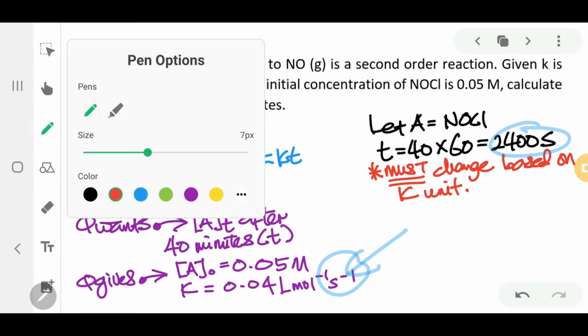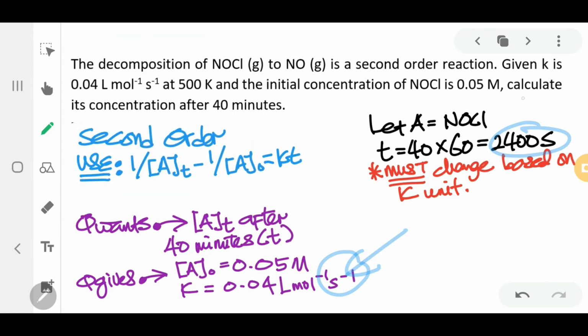So you'll get this part over here. This whole thing, you will have 1 mark. Since the question tells you what the order of reaction is, and you write let A equal NaOCl, you will get 1 mark for your formula.